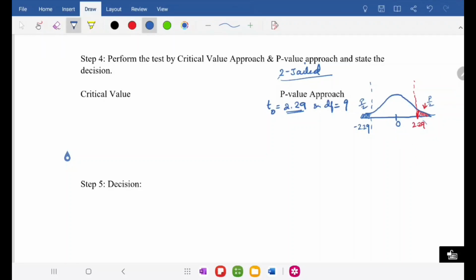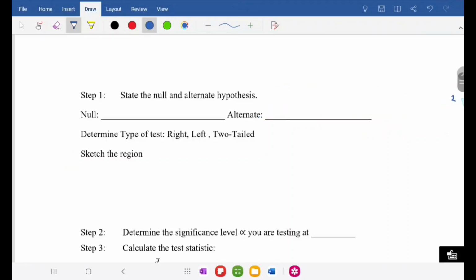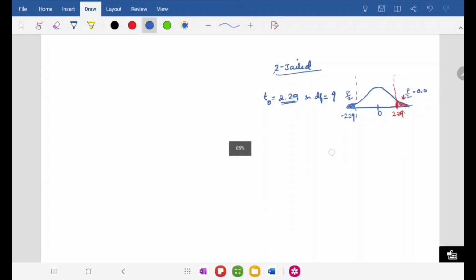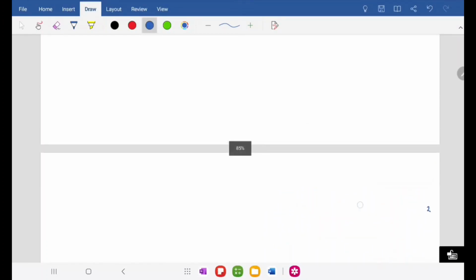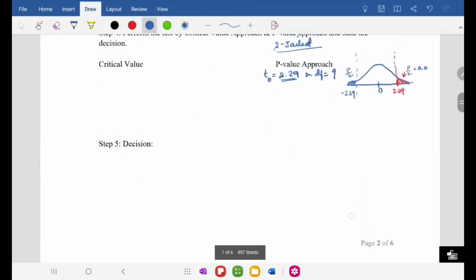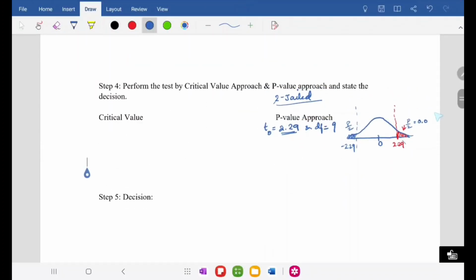So I've used my calculator and I find that this area to the right-hand side is roughly 0.0235 approximately.